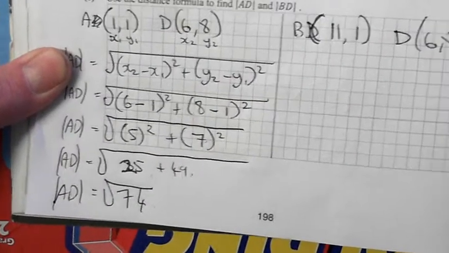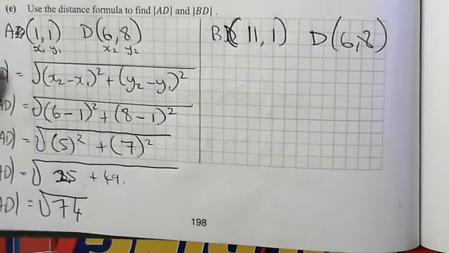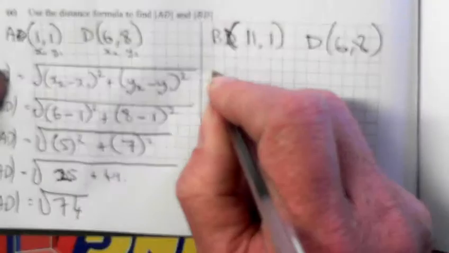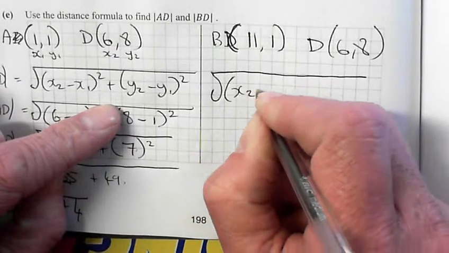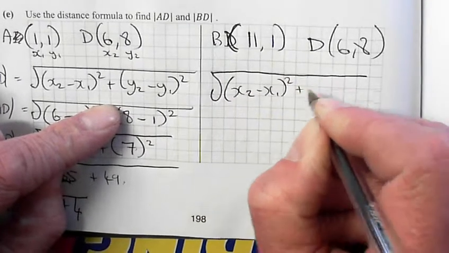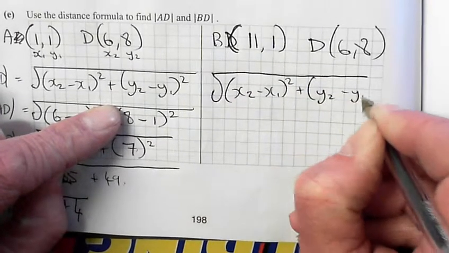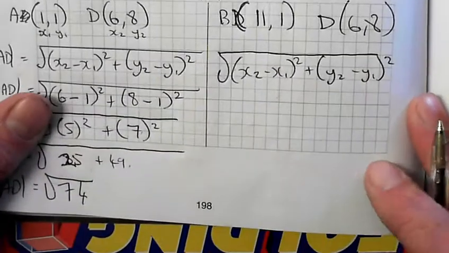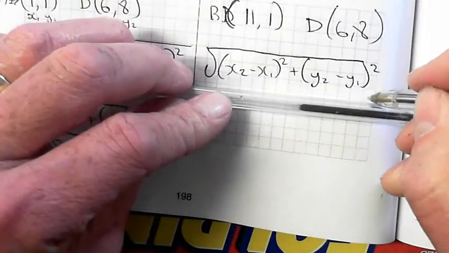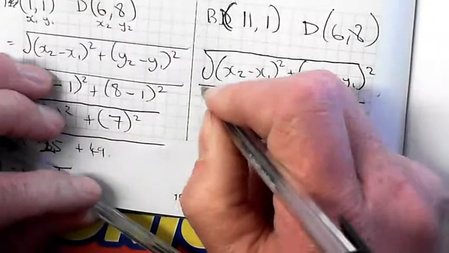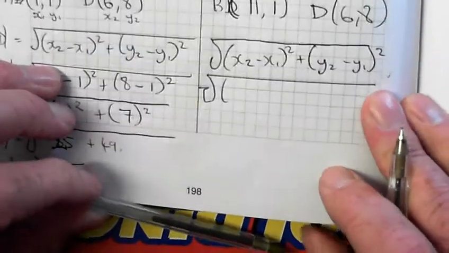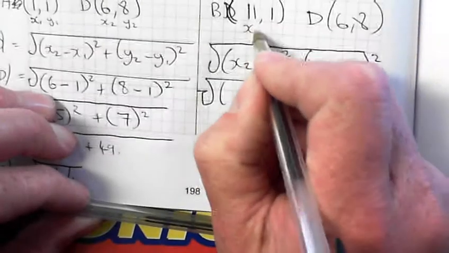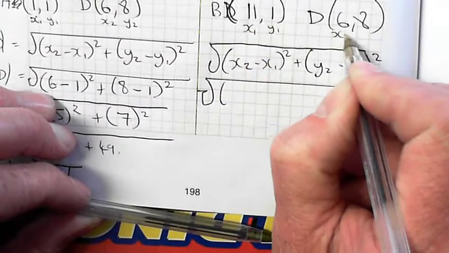Right, then we find the distance between B and D. Same idea, same formula. x2 minus x1 squared plus y2 minus y1 squared. Right, so we have to mark it x1, y1, x2, y2.